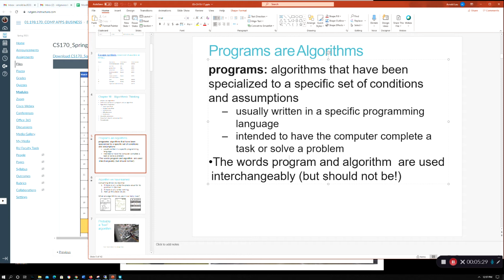Like I said, the algorithm is the idea, just like you look at the recipe book. You remember last week's lecture, we talked about recipes. So you have the recipes, those are things that have to be done, and then the actual implementation of it is the program.